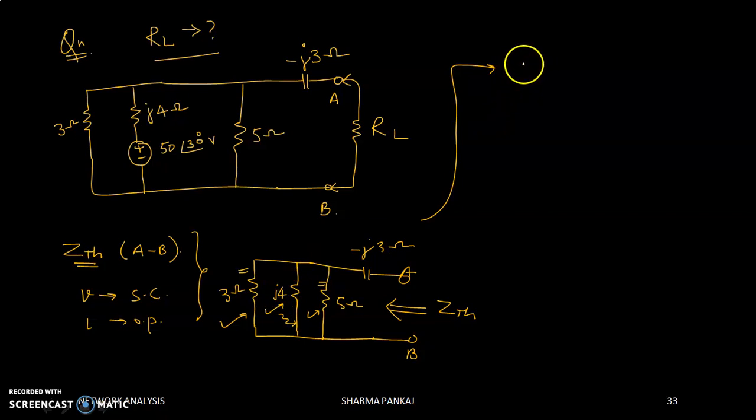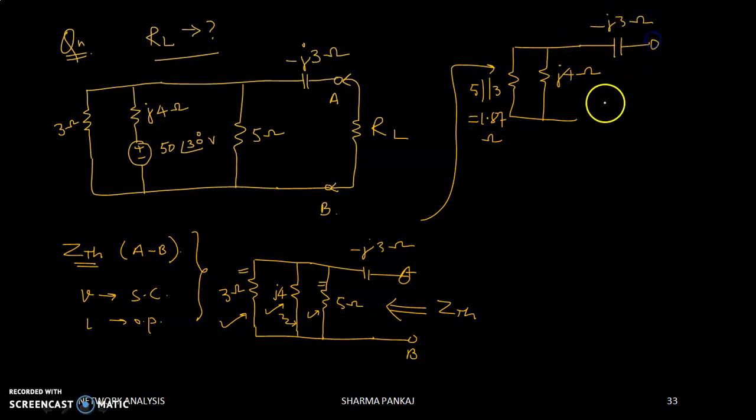The circuit will now be 5 parallel 3, which is 1.875 ohm, then J4 ohm, and minus J3 ohm, between terminals A and B.